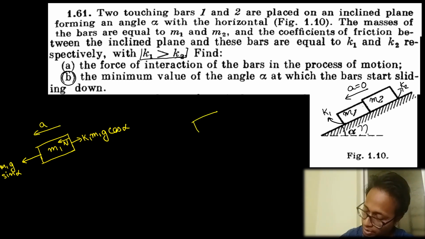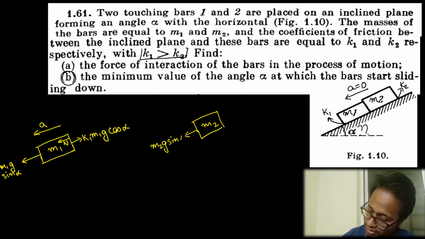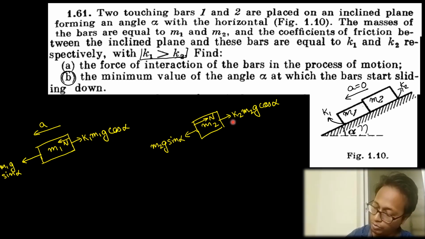Let's draw the free body diagram of block 2. Out here m2g sin alpha, k2 m2g cos alpha, and in this direction would be the normal reaction force. This normal reaction force is nothing but the normal reaction force exerted by block 2 on block 1.